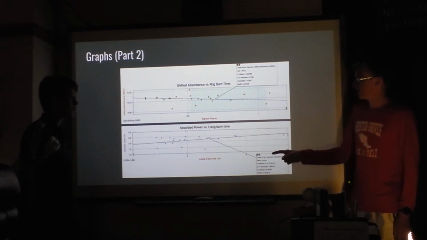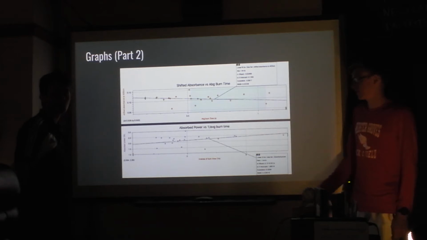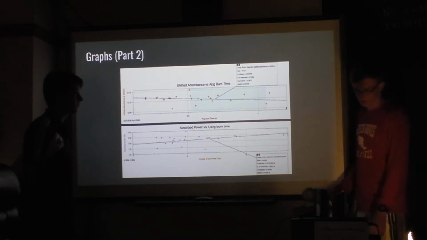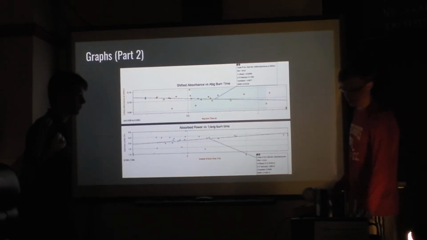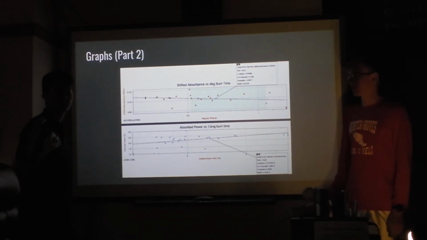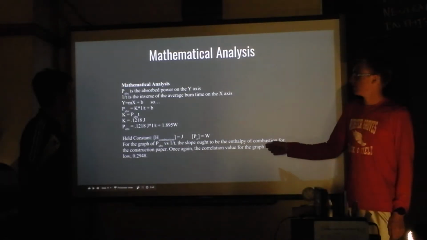And so then we graphed the absorbed power versus the average burn time to get the enthalpy of combustion for the paper, which was assumed to be constant throughout the experiment. I don't know that word. Enthalpy. What? So it's the amount of energy it takes for the thing to combust.